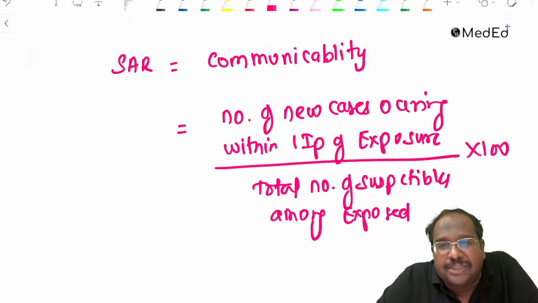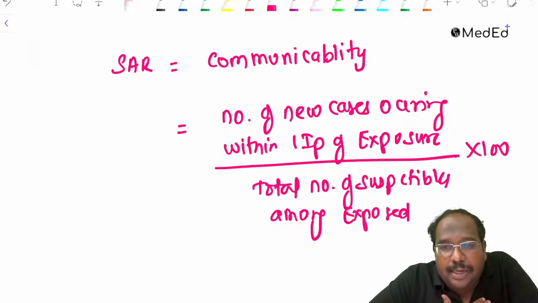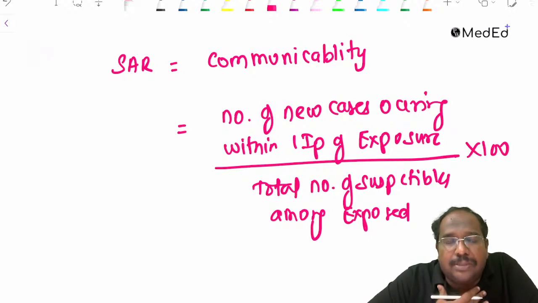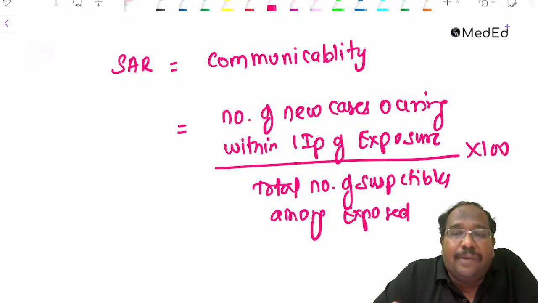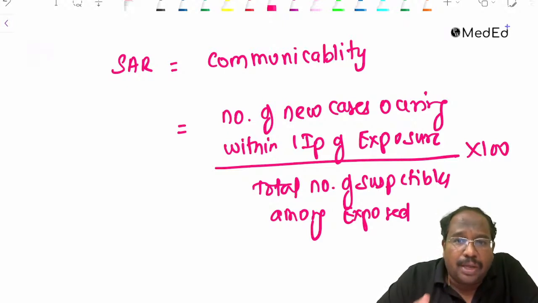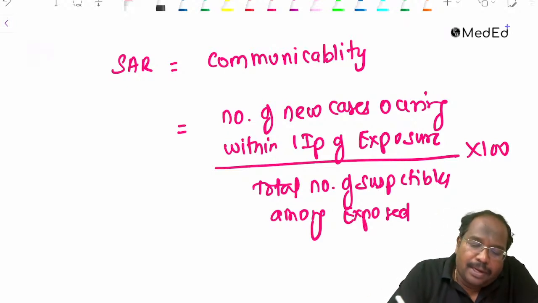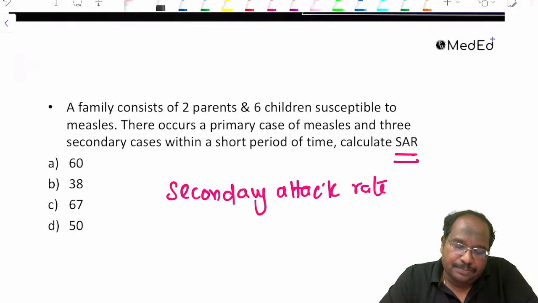The primary case has to be excluded from both the numerator and the denominator. Suppose in a class I am the primary case entering the class, and let us assume all are susceptible. Following exposure to me, how many develop disease? It is a measure of communicability. Now let us see the question and we'll come back to the answer.